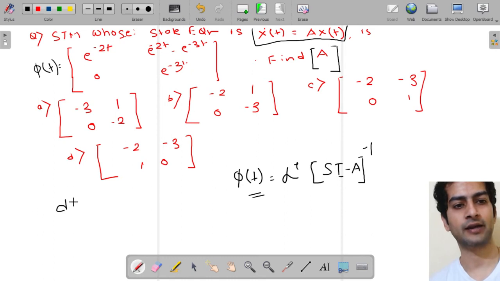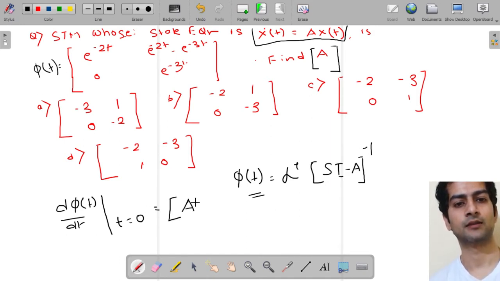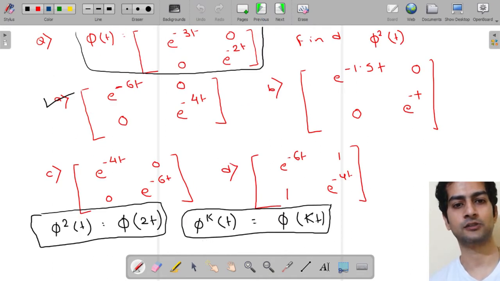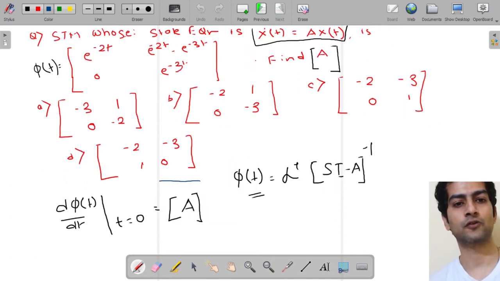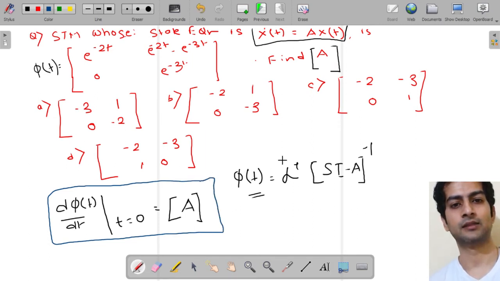I told you that we had a property: d phi t by dt at t is equal to 0 is equal to matrix A. I also told you that this is a very important property. It will help you in solving a question within minutes, and this will be the deciding factor between you and your competitor.